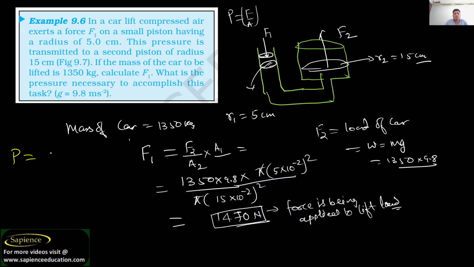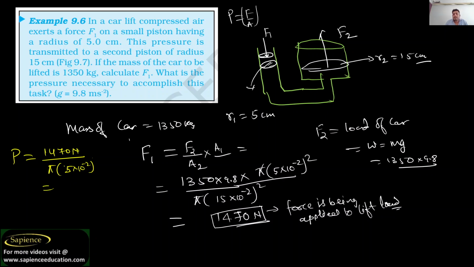Pressure is equal to force F1. F1 is 1470 Newton divided by area A1, which is pi into R1 square. I am talking about A1, so R1 is 5 into 10 to the power minus 2 meter.